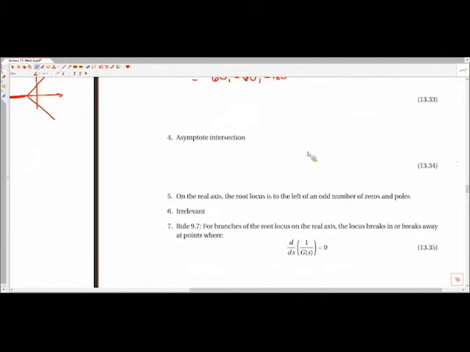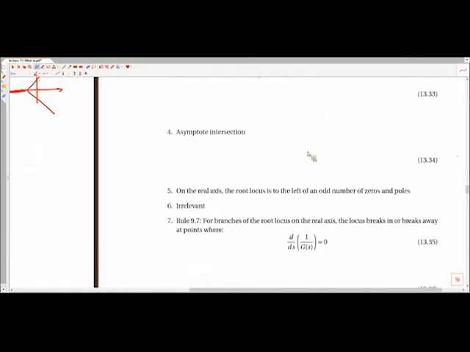All right, asymptote intersection points. It's given by this formula. So for this example, we have a single zero at negative 1.